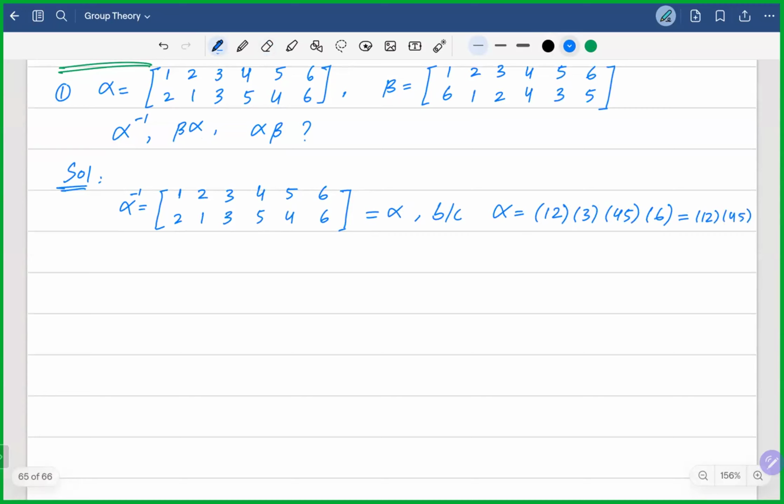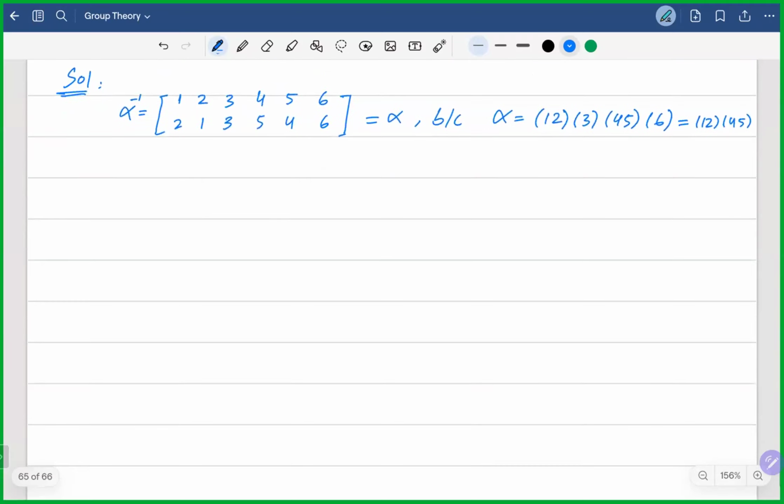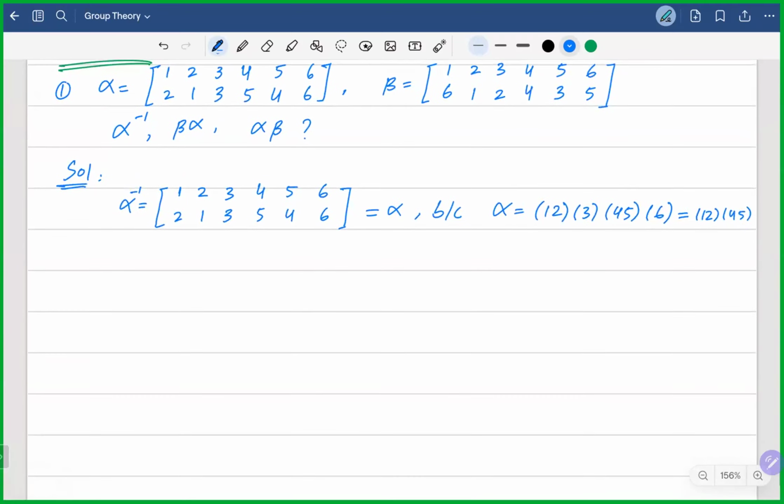Now this is a permutation which is a product of 2 cycles, and every 2 cycle is its own inverse. Very nice. So you don't need to do anything else. So alpha is its own inverse. Perfect.